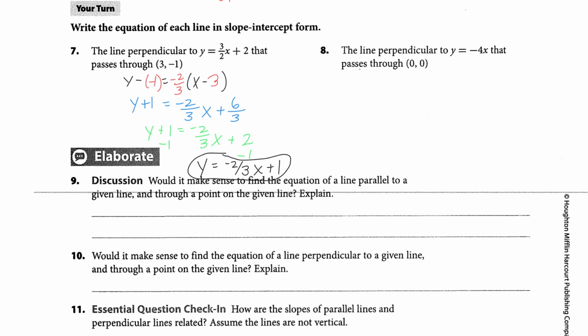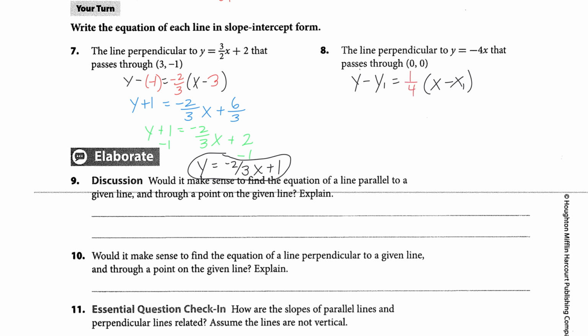Number 8. The line perpendicular to y equals negative 4x that passes through 0, 0. Start with point slope form again. It's okay to write down the whole formula and then replace it as you go using your eraser. The opposite reciprocal of negative 4 is positive 1/4.